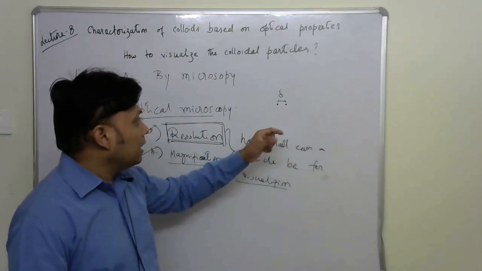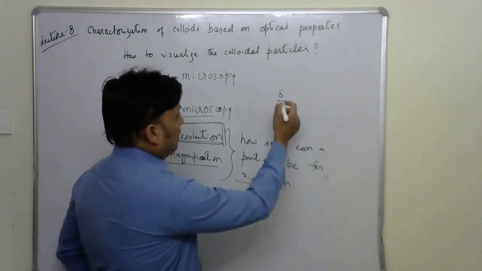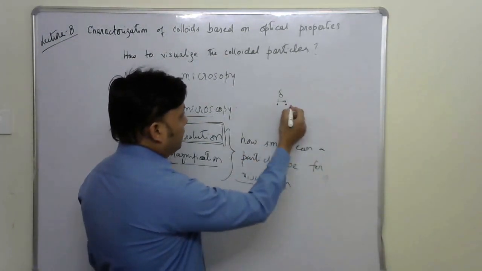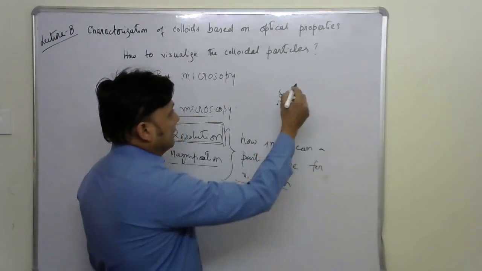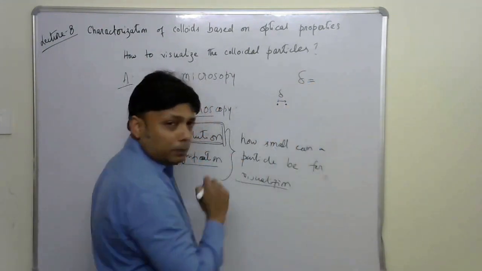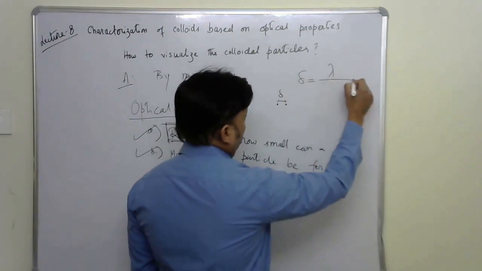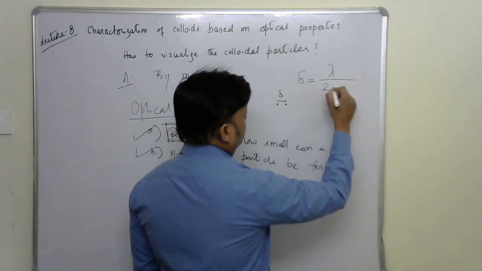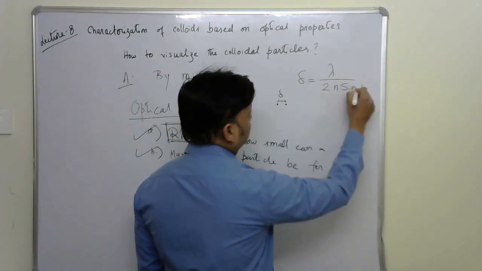So the distance delta is defined as the resolution between the two points. The delta can be defined by a mathematical equation. The equation is lambda divided by 2n sine alpha.